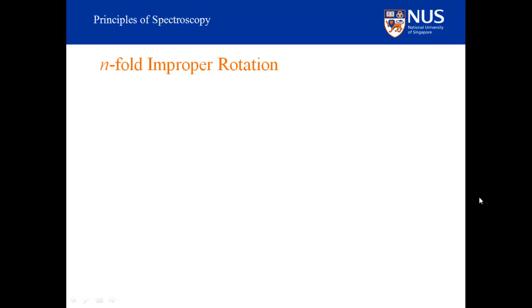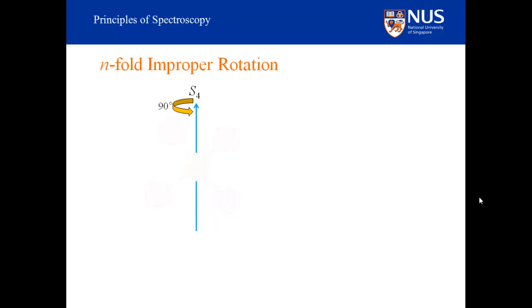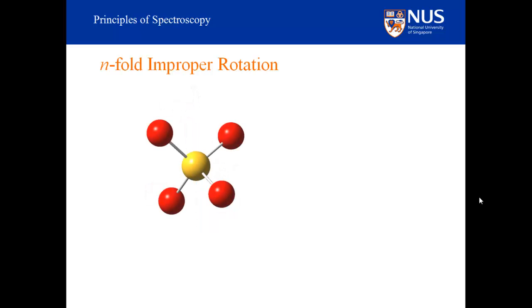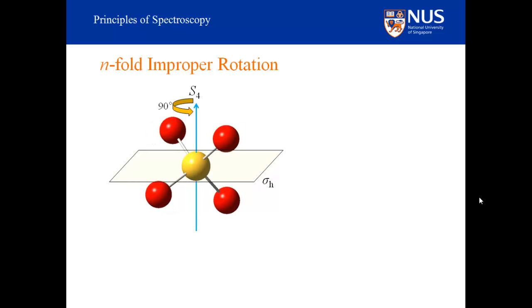It is a very special kind of symmetry operation that you may not be familiar with. So let's see that again. Rotate by 90 degrees, and then reflect through the horizontal mirror plane, and I get back to my original molecule.